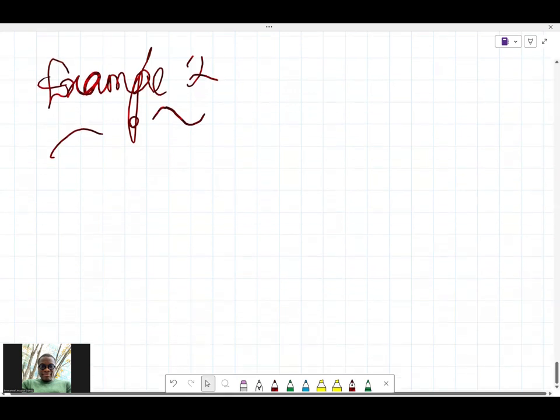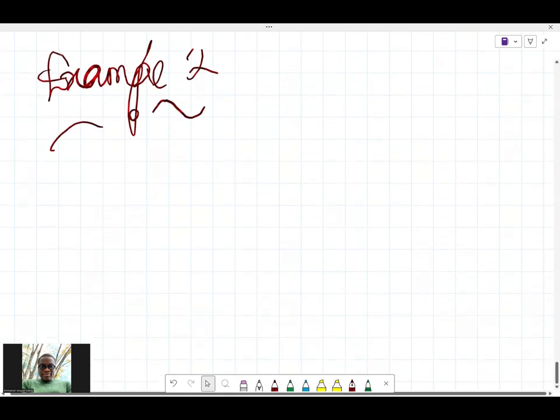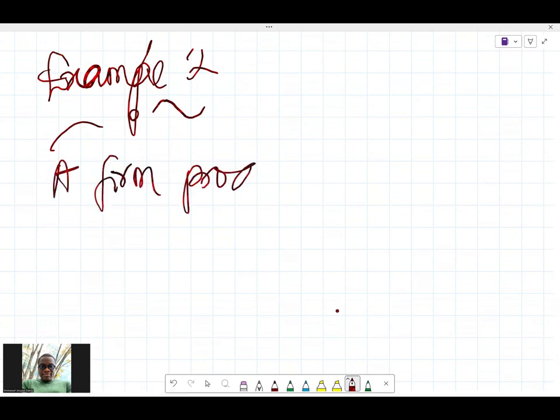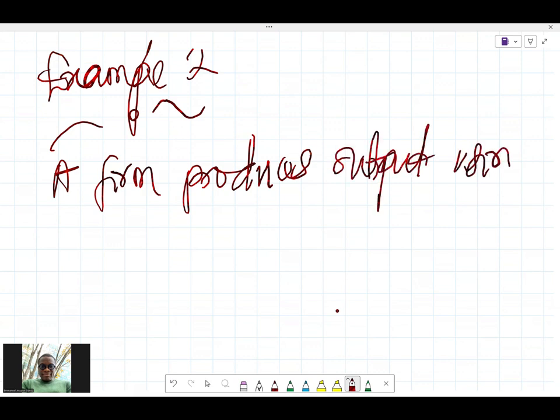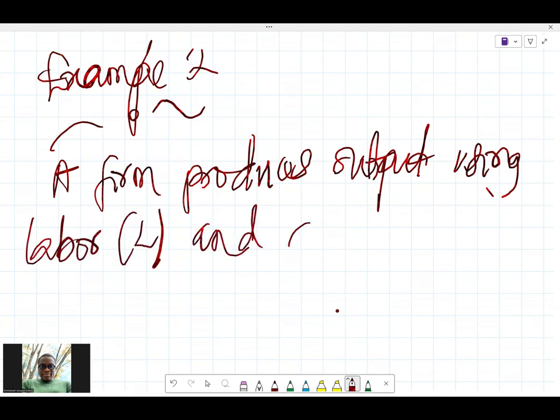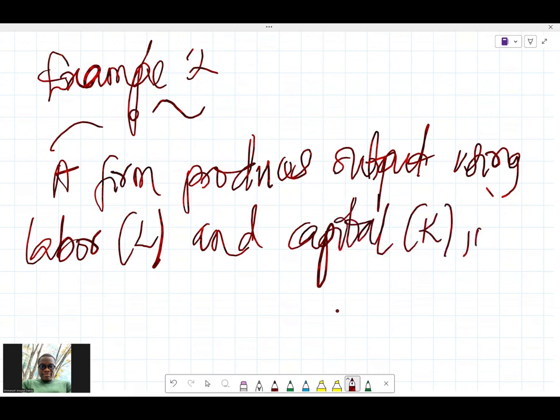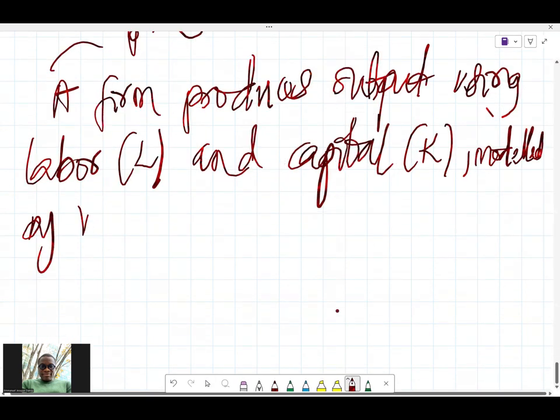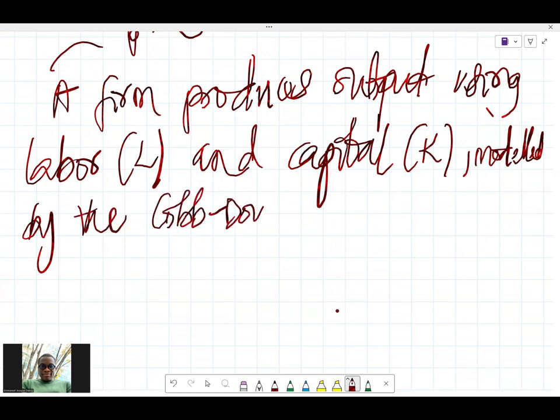We'll be talking about Cobb-Douglas, which is a very interesting production problem. A firm produces outputs using labor, L, and capital, K, modeled by the Cobb-Douglas production function.